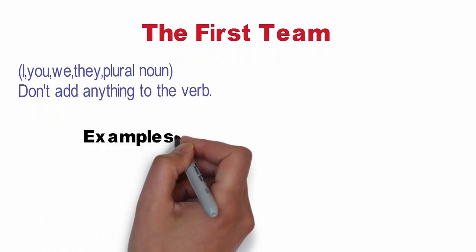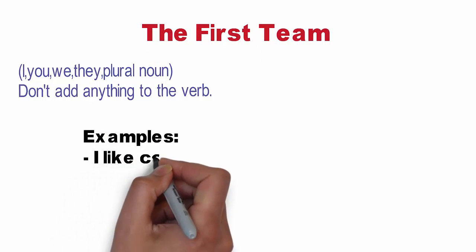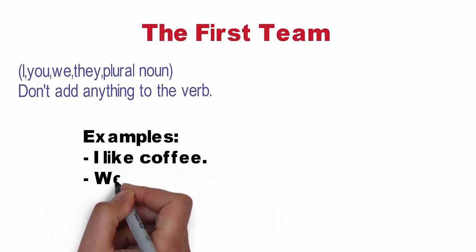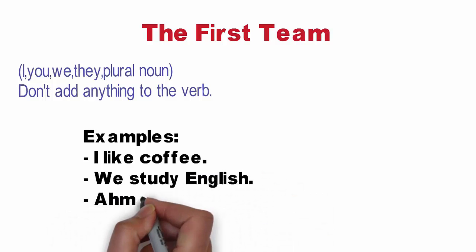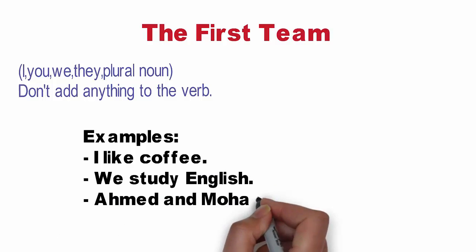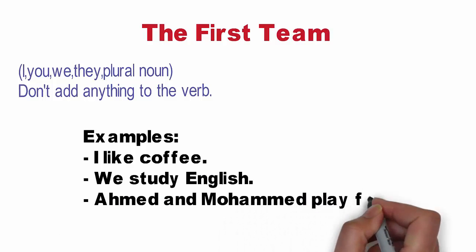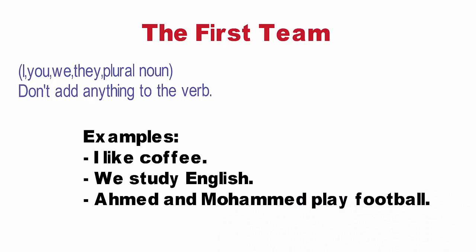Okay, for example, I like coffee. We study English. Ahmed and Muhammad play football. So as you can see, the verbs here are like, study, and play, and nothing has been added to the verbs.